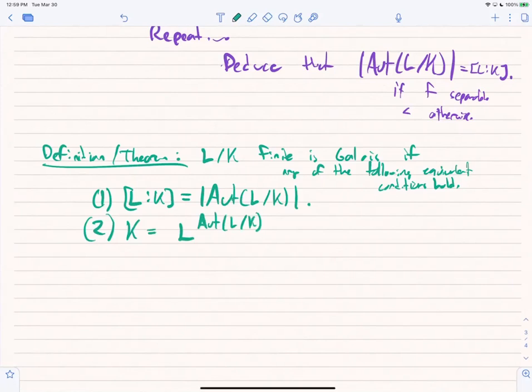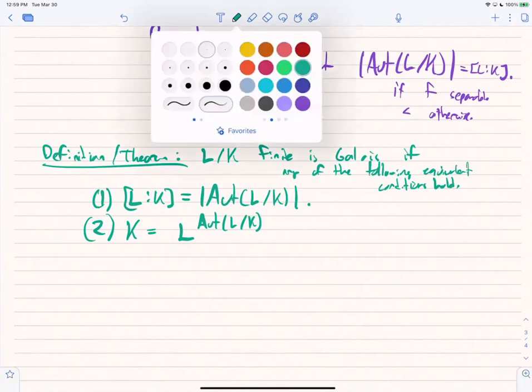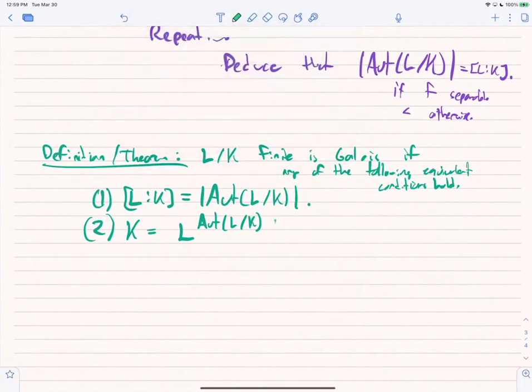So, you have to stare at this. The first time you see this, you have to stare at this for a second to understand why this is not a tautology. Let me define this thing. When I write some set to some group that acts on that set, that means the fixed points for that action.